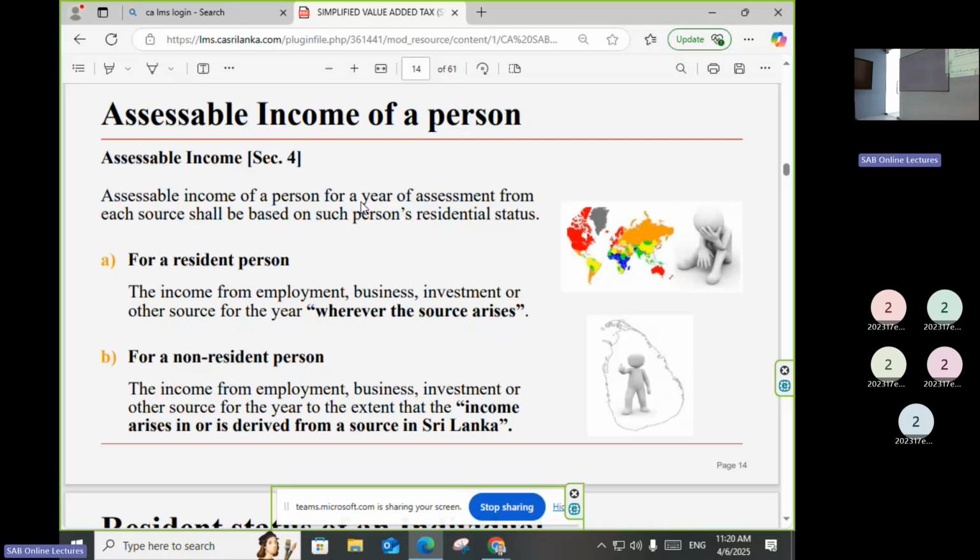When we work out the taxable income of a non-resident person, we have to check whether there is income generated from Sri Lanka. If so, we have to consider it. Otherwise, no. For the time being, resident means a person who is in Sri Lanka, and non-resident means a person outside Sri Lanka. If somebody is in Sri Lanka, we have to consider all the income when we work out taxable income.